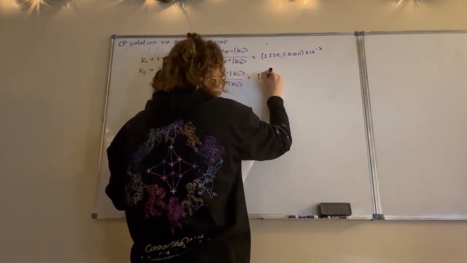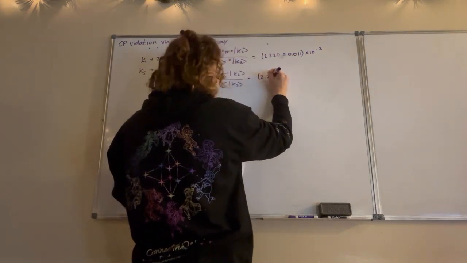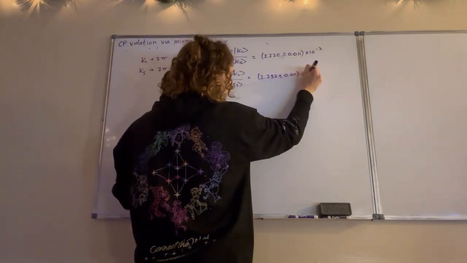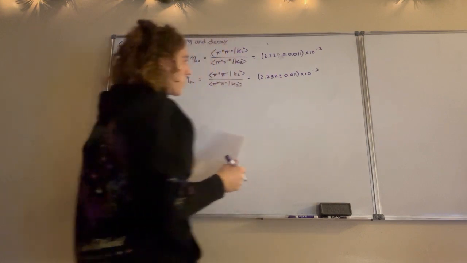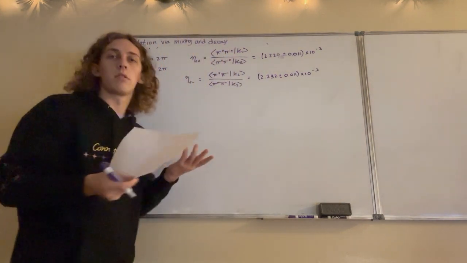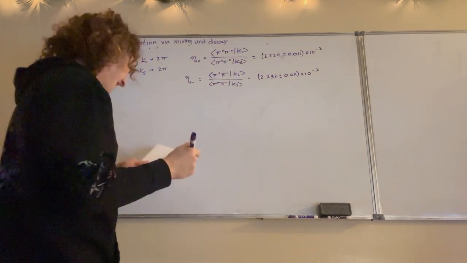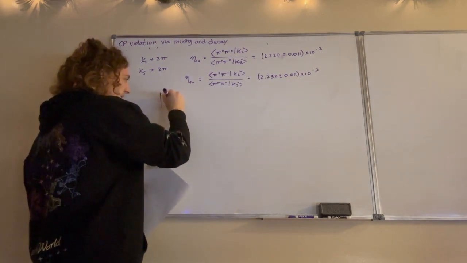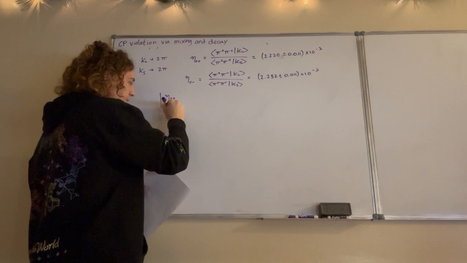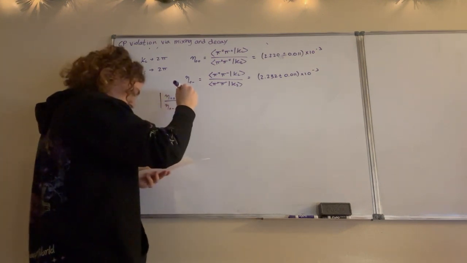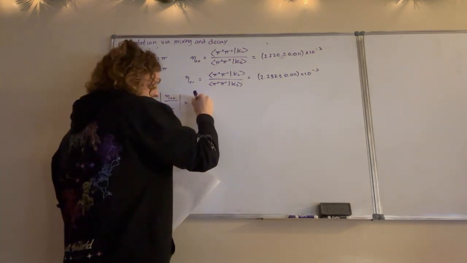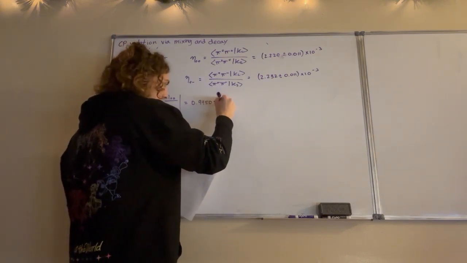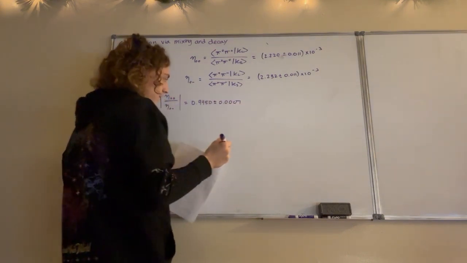And this is equal to 2.232 plus minus 0.011 times 10 to the minus 3. So they're not the same, right? So we can do this ratio, I should say, and find that this is 0.9950 plus or minus 0.0007, right?